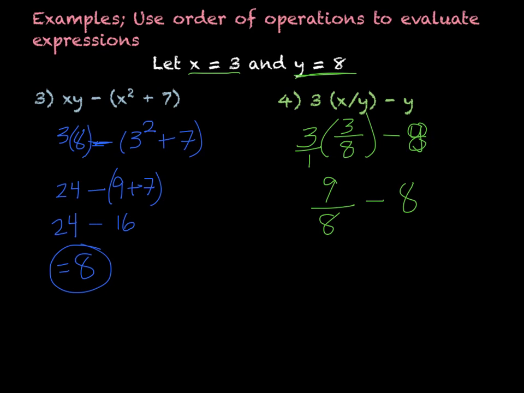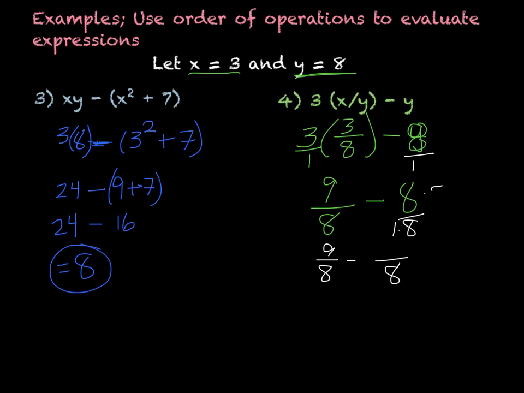Well, this is going to be a kind of a tricky one to do. I could type it in my calculator, but I can also just change this to a denominator of 8, so then I can subtract. I need to have a common denominator when I'm adding or subtracting. So I have 9 over 8 minus, and then if I want to make this an 8 on the bottom, I multiplied 1 times 8.